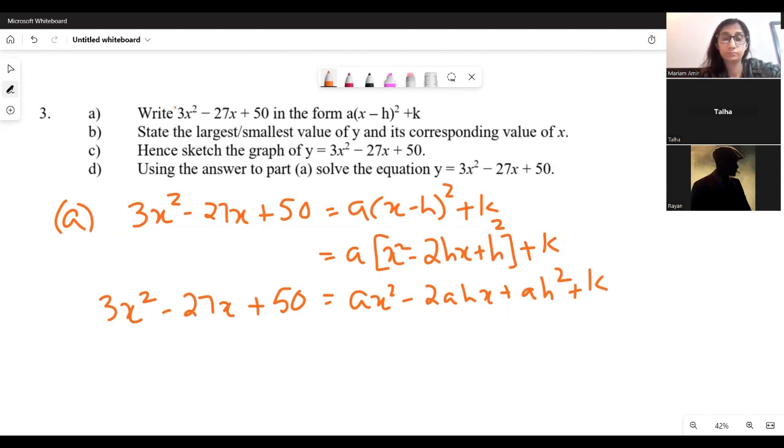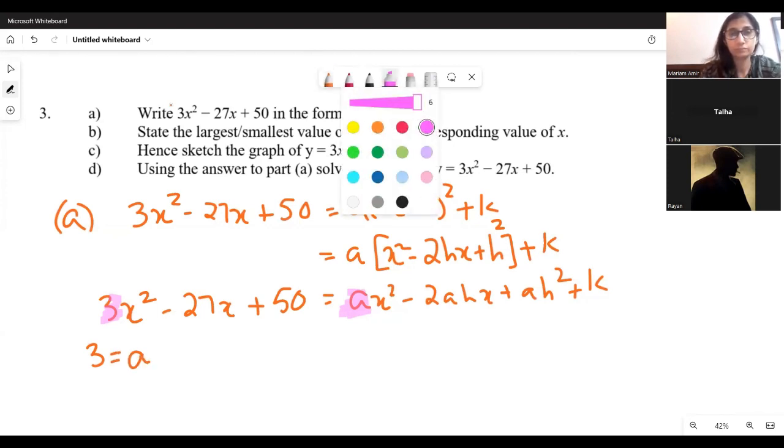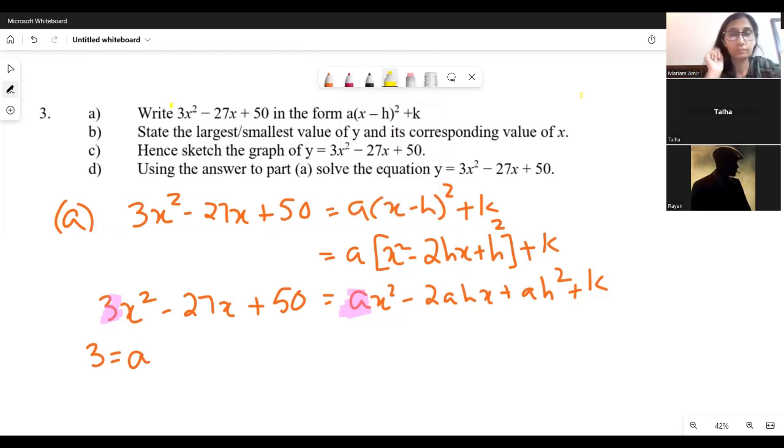Miss, a is equal to 3. Yes, compare the coefficients. Here the coefficient of x squared is 3, here the coefficient of x squared is a. That means they must be equal: 3 equals a. Next, we compare the coefficient of x. That's minus 27 here, and minus 2ah.